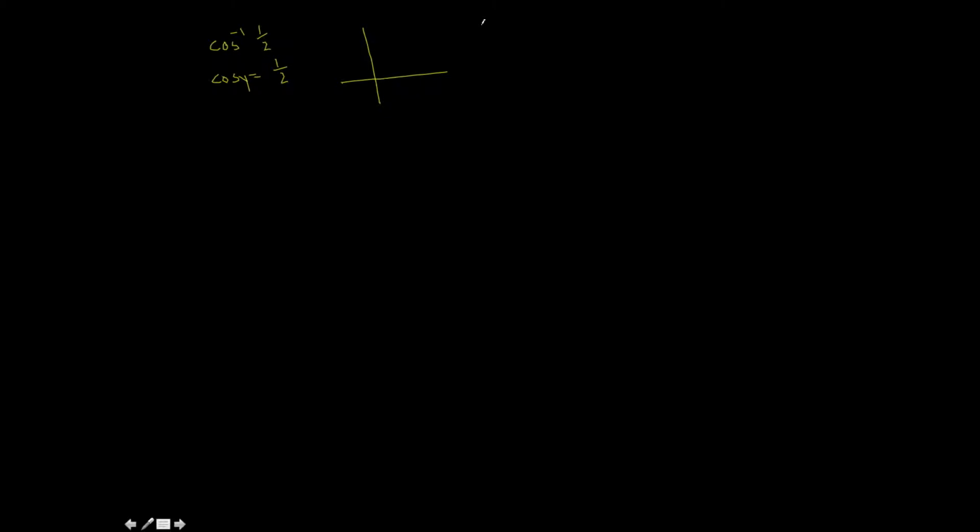I kind of like the reference triangle way of doing this, where we know it has to be between 0 and pi, so what we have to do is figure out what angle between 0 and pi has a cosine of 1/2. So very easily we can do this with a reference triangle. This is 1, this is 2, this is the angle y, and if you do the Pythagorean theorem, you'll get that to be the square root of 3.